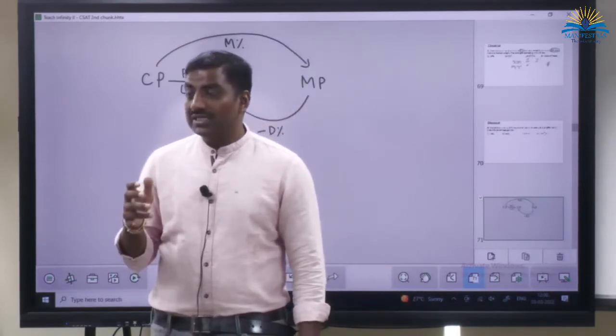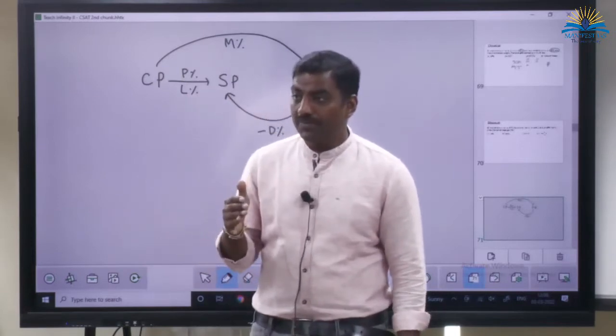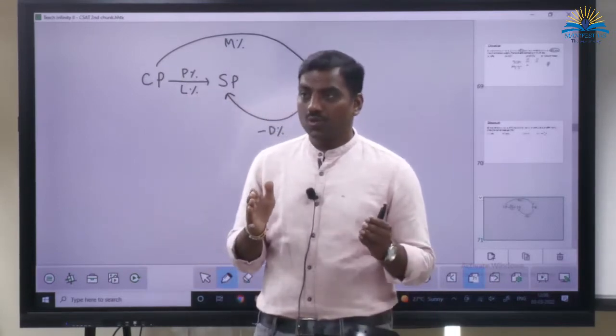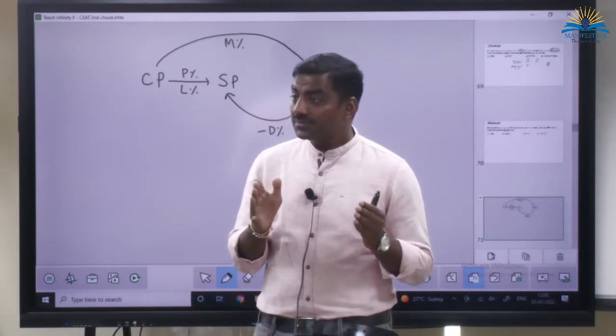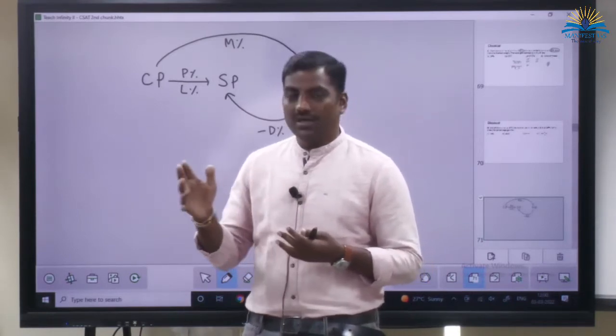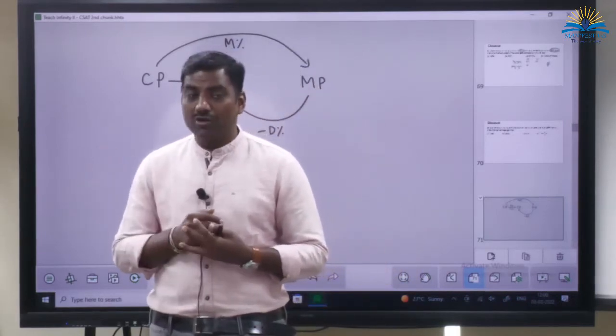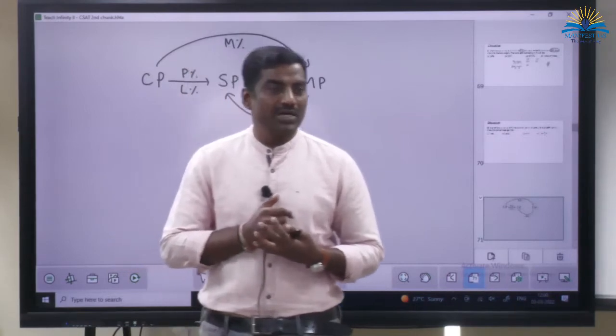Okay. So that is why up to 2011, even the diesel was regulated. Slowly, the staggered deregulation of the diesel happened. Petrol was not regulated. Only diesel was regulated. Why?